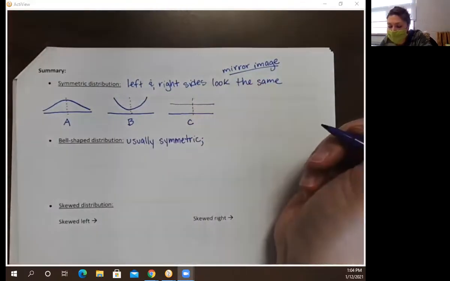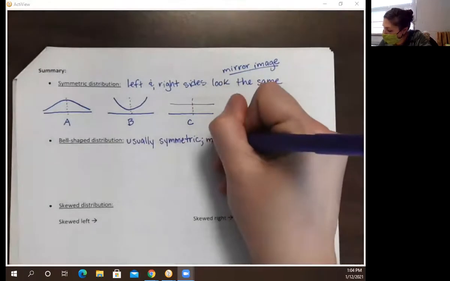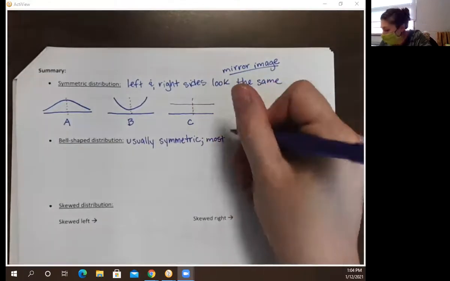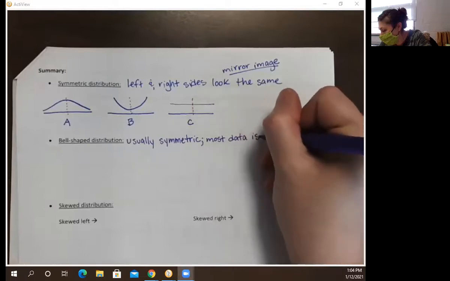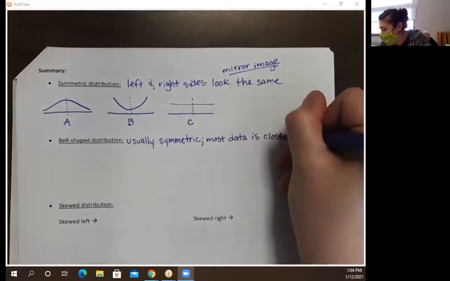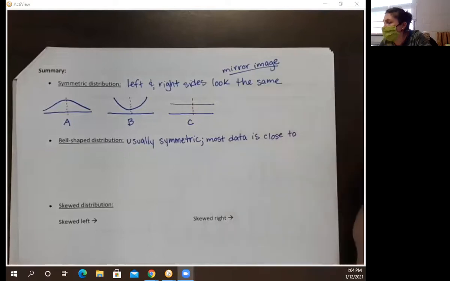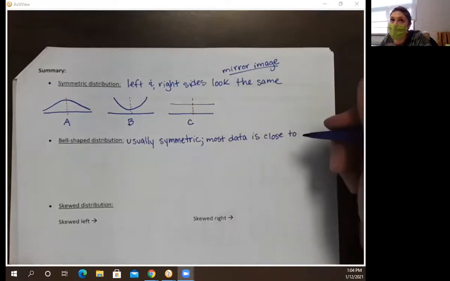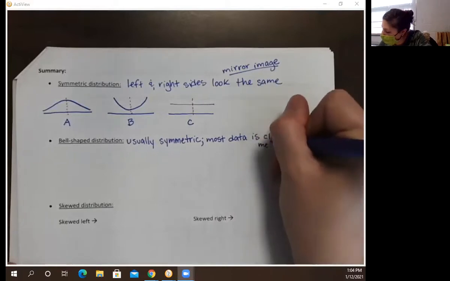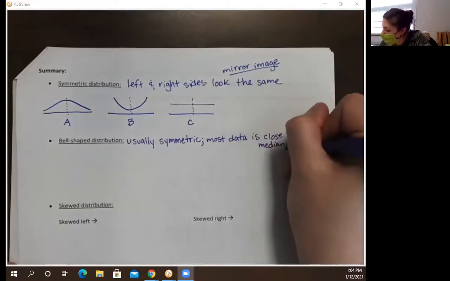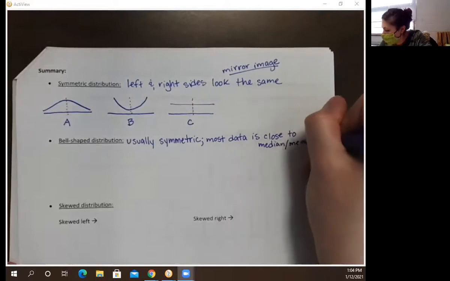And with a bell-shaped distribution, most of our data is close to the center. And in a bell-shaped distribution, the center is always the median, but it also ends up being the mean.